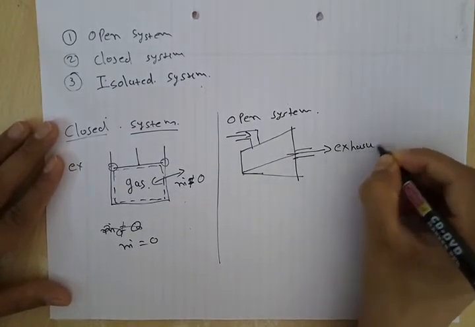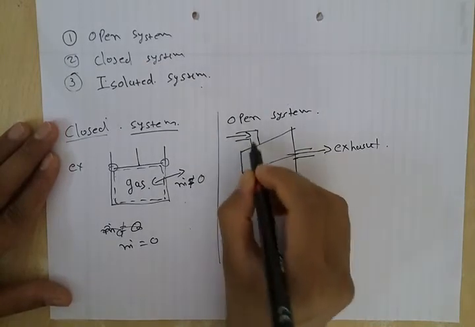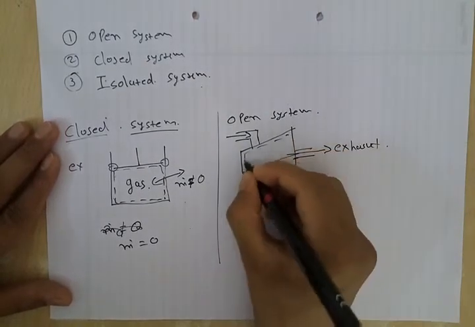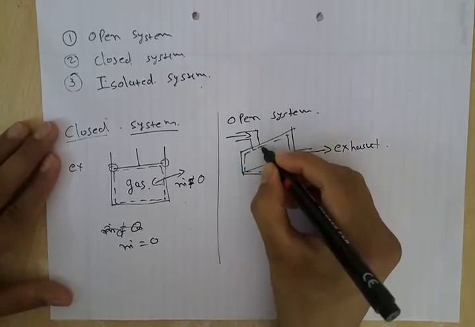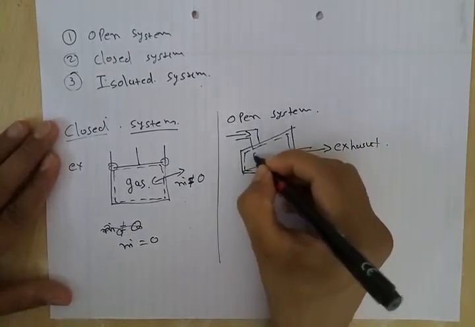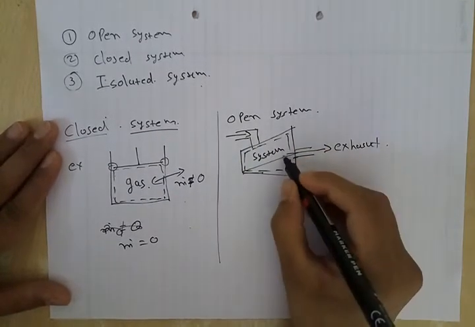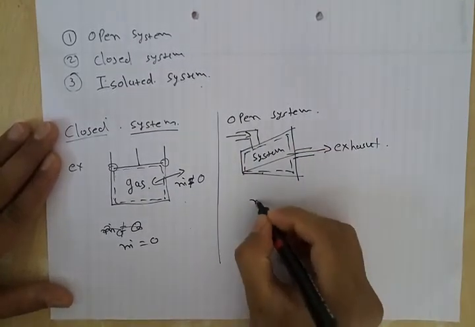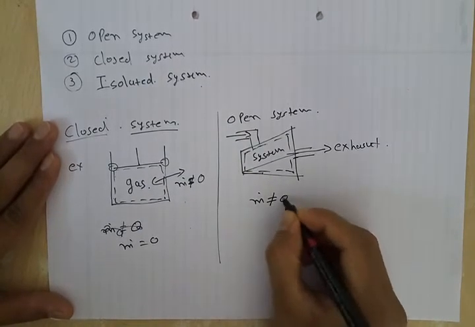So here mass transfer does take place inside and outside the system. So if we take this inside area of turbine as a system, then mass enters into the system and also it leaves the system. Hence mass transfer does take place. So it is not equal to 0.